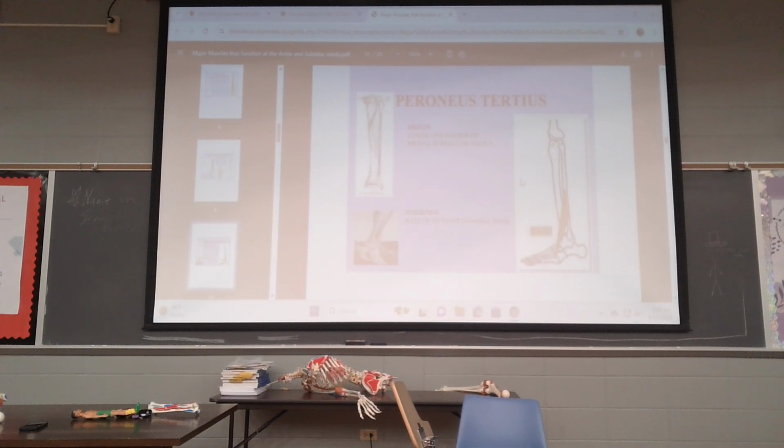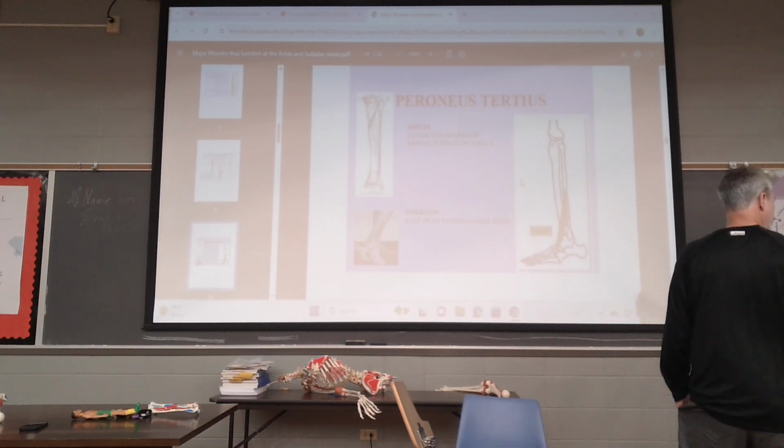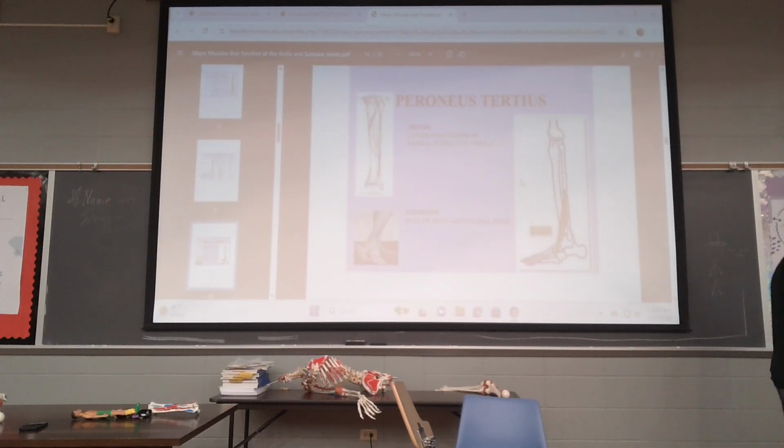So far, we've had 4 major muscles that are dorsiflexion pullers: tibialis anterior, extensor hallucis, extensor digitorum, peroneus tertius. 2 of those are inverters on the wobble, 2 of those are everters on the wobble.